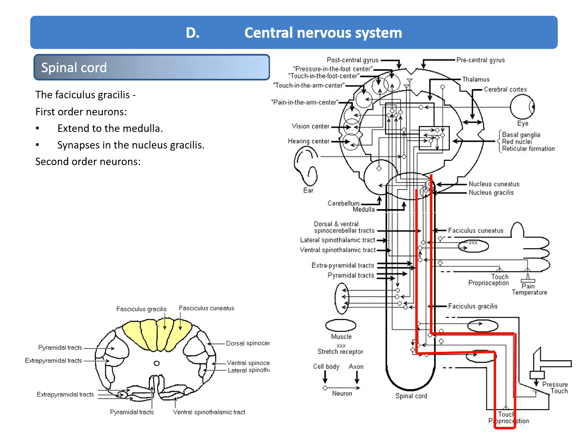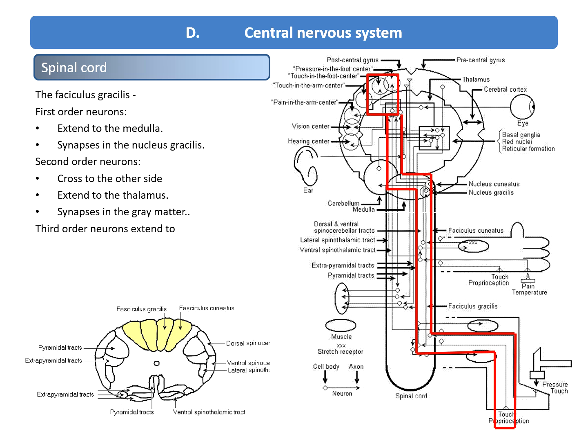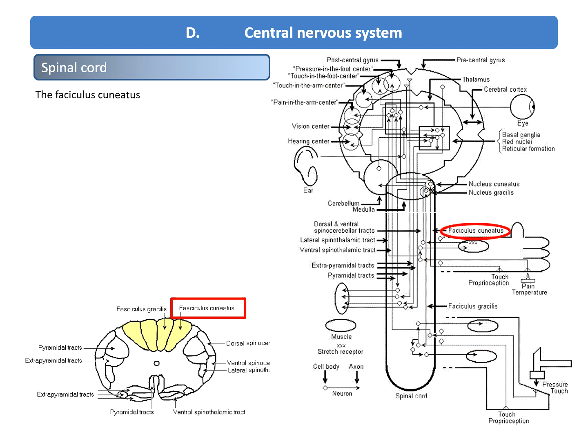The second-order neurons arise from that nucleus, cross to the other side, and extend to the thalamus. They synapse in the gray matter of the thalamus. Finally, the third-order neurons extend from the thalamus to the so-called touch in the foot center in the cerebral cortex. What about the fasciculus cuneatus?